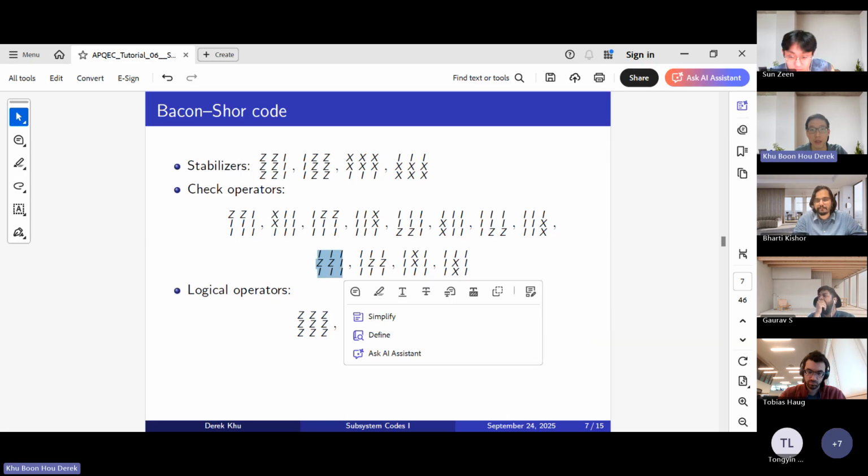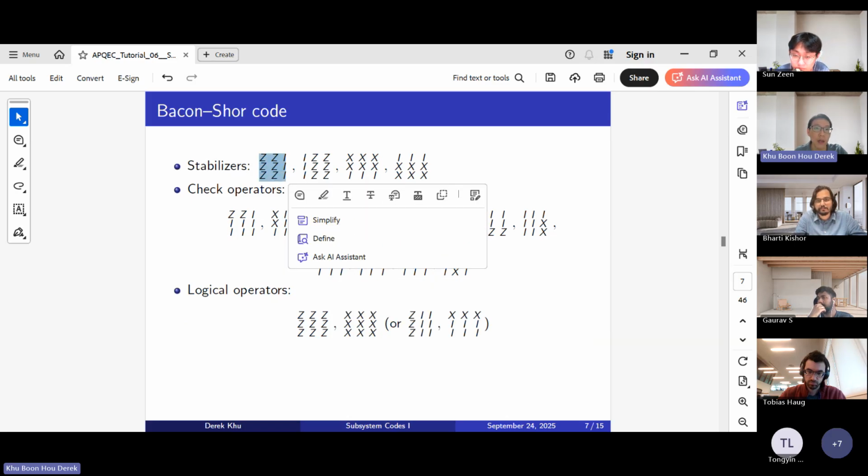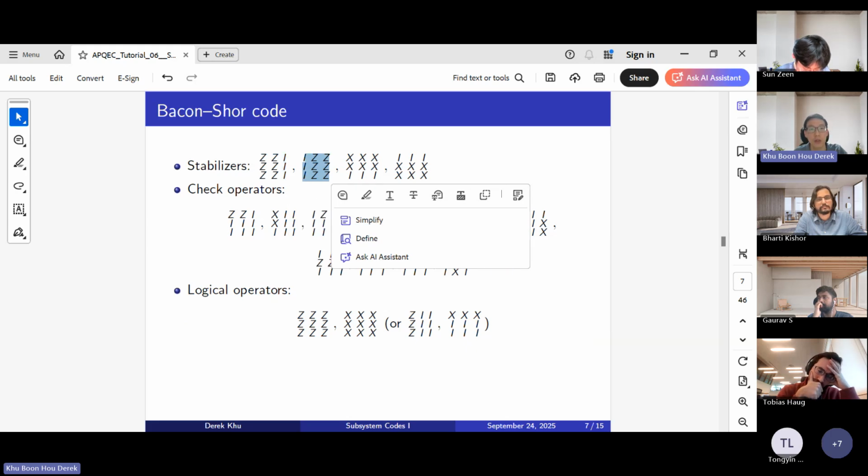If these are +1, -1, +1, then this is -1, and so on. If this is a -1, you know one error has occurred. If this is a -1 also, then you know which row has an error and which column has an error, and so on. And same for the axis.